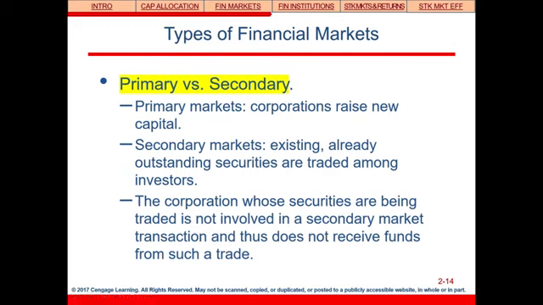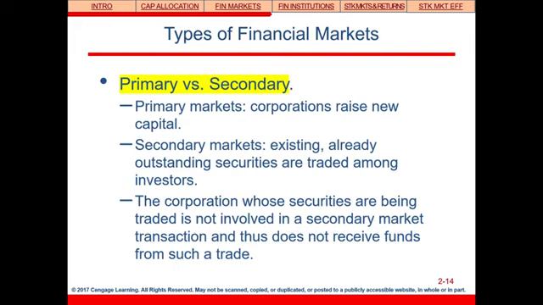So in this case, in the secondary market it's only investors. Yeah, investors who want to make money out of it get involved in the secondary markets. It can be institutional investors, it can be individual investors, but no corporations trying to raise new capital are involved in the secondary market.